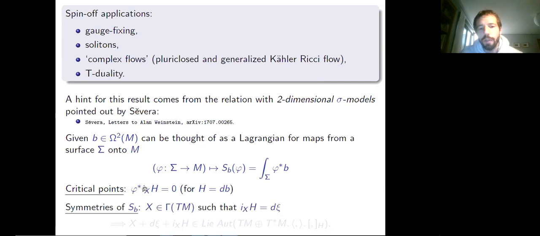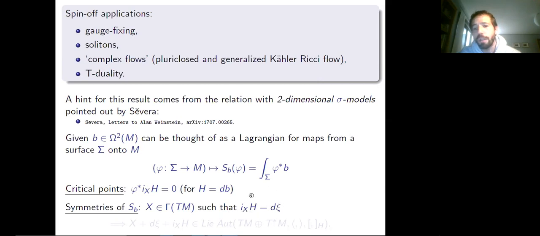Because of this critical point equation, you automatically find some special symmetries of this functional, which are given by vector fields on the manifold, not only along the map, but vector fields on the manifold, which satisfy that if I contract the three form with x, this is d of a function. So this is a two form, and I declare this to be exact.